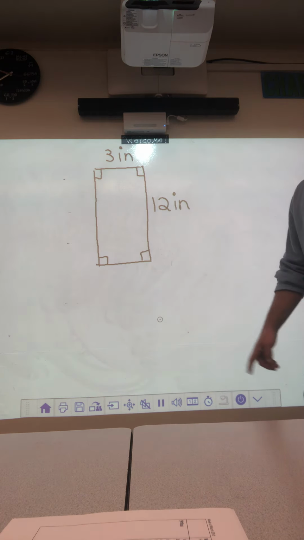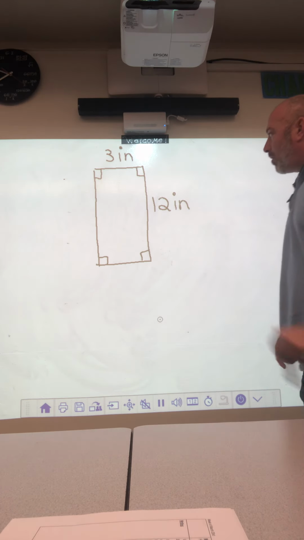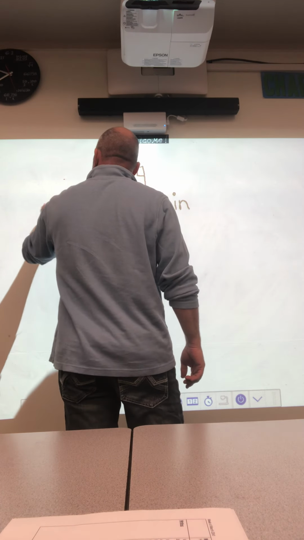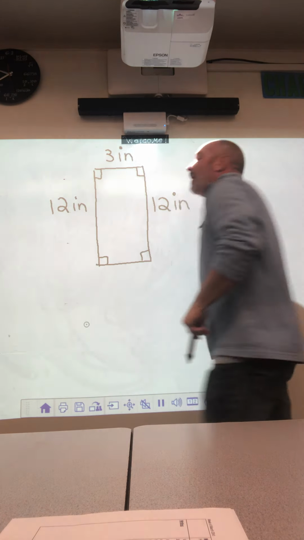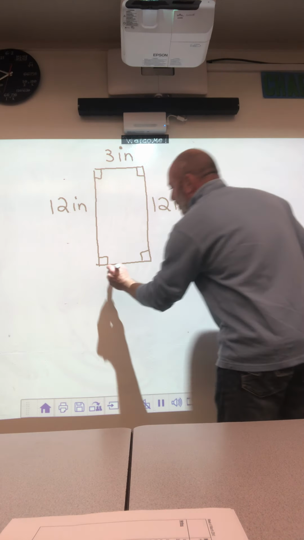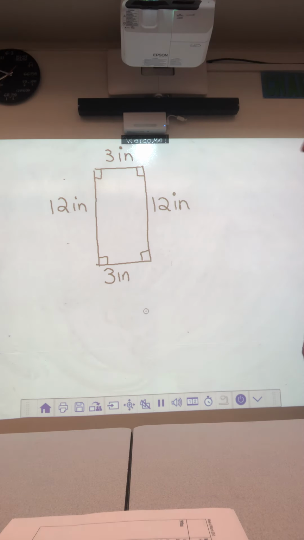Because of that, if the length of one side is 12, that opposite side is also going to be 12 inches. And again, that's true of the top as well. We have 3 inches, so the bottom is going to be 3 inches.